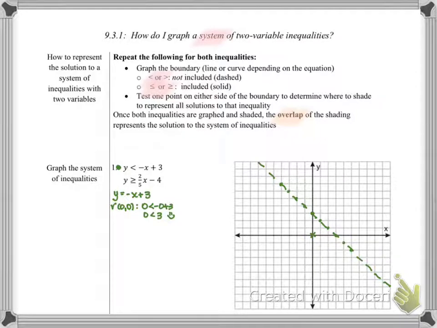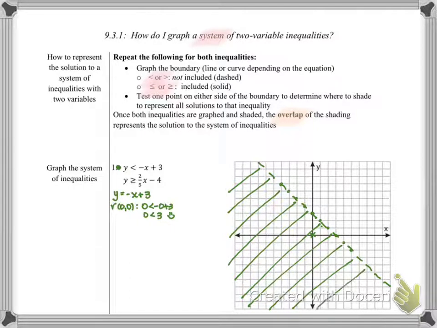So I'm going to go back over to my green line and go towards the 0, 0. So I'm going to shade in this direction. And again, I am going to go all the way through the coordinate plane in that direction, because I'm still not totally sure where the other one's going to be. I'm honest with you, I haven't even looked at the other equation yet.